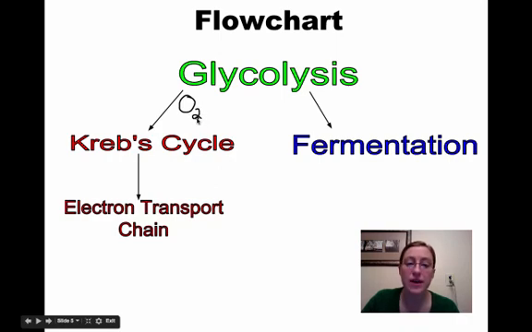Okay? If we have oxygen available, then what we're going to continue with is aerobic respiration, and that's going to go inside the mitochondria, and that's going to take us through the Krebs cycle and the electron transport chain. Okay, so this side is what we call aerobic respiration. All right, and both of these here, they're going to take place in our mitochondria.